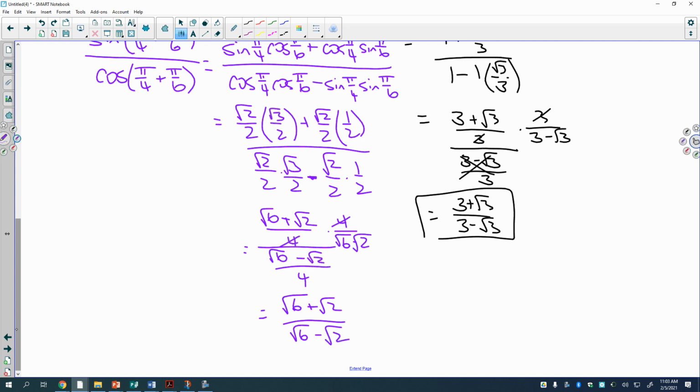If you were to rationalize both of these, they will give you the same value, but you do have to rationalize in order to compare there. It's the same value. I don't care which one you do. Either one is fine. It's whichever one seems easiest to you.